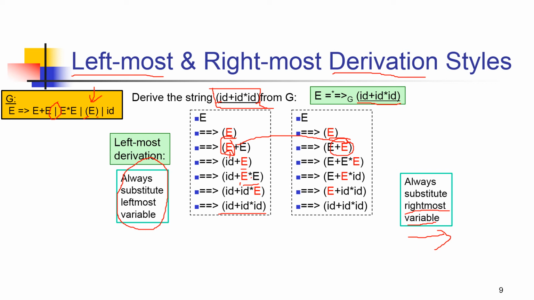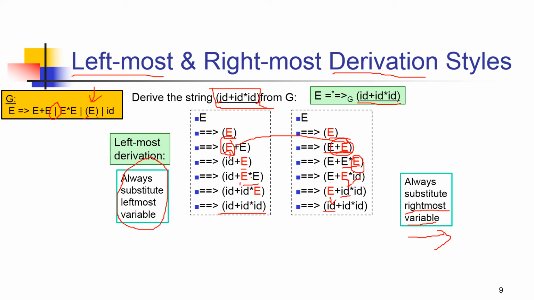Here is the leftmost, and here we have the rightmost. Now I got E plus E, so E got replaced by E star E. Now I have three E's. The rightmost one was this one, so this got replaced with id. Further we got two E's, then this got replaced, and finally this E got replaced.